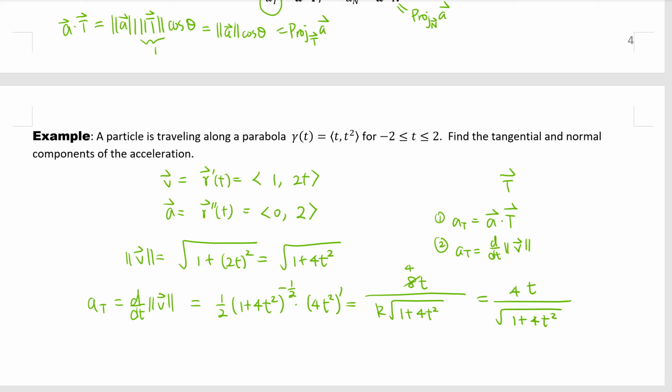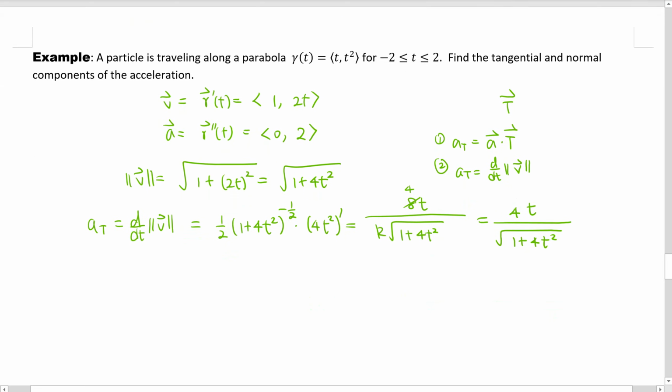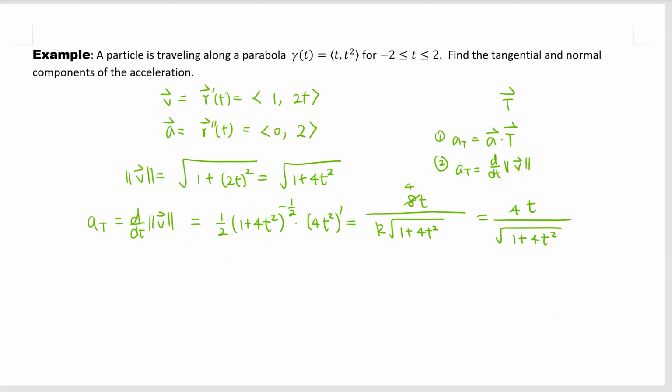So far, so good, everybody? All right. And how do we calculate AN? Well, AN also has two ways.